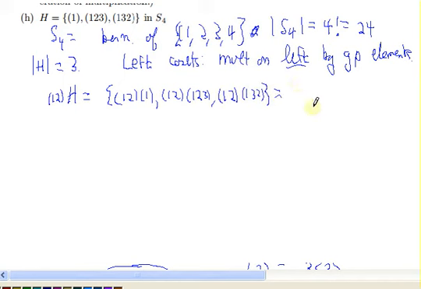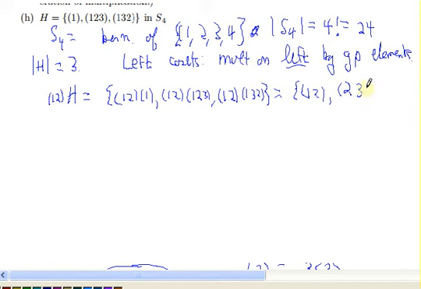Okay. The first one is just going to give me 1 2 again. The second one, I have to figure out. 1 goes to 2, 2 goes to 1, that's actually fixed. 2 goes to 3, and 3 goes to 1, 1 goes to 2.